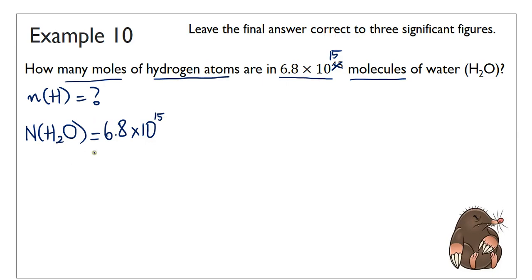So you have to go from the number of molecules of water to the number of mole of hydrogen. Now, a few other pieces of information that is not explicitly stated in the question, but you should be able to work out yourself, is Avogadro's constant, which is 6.02 times 10 to the 23, and also the ratio between the number of mole of hydrogen and the number of mole of H2O.